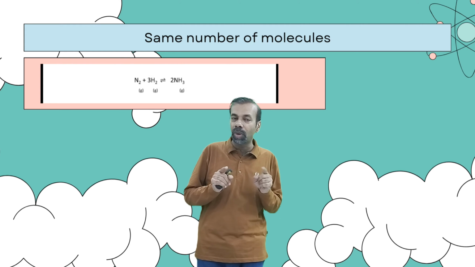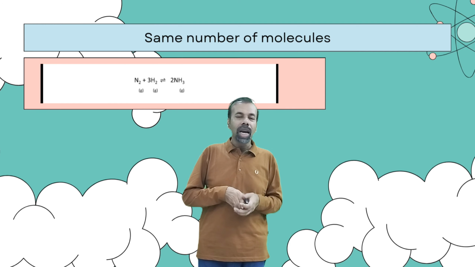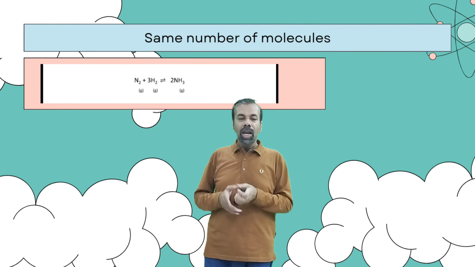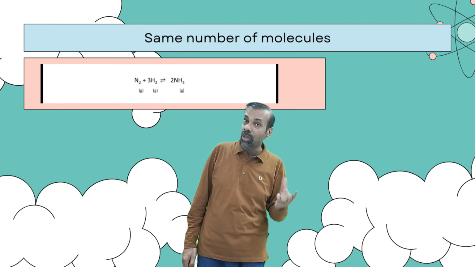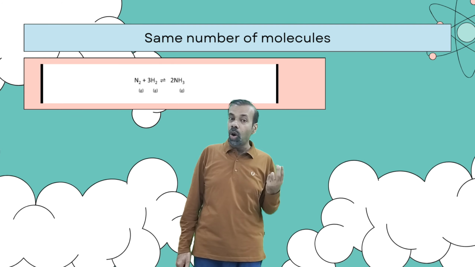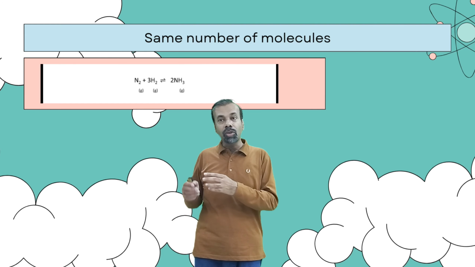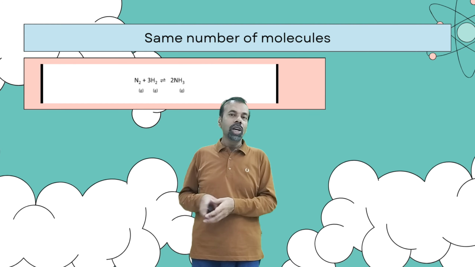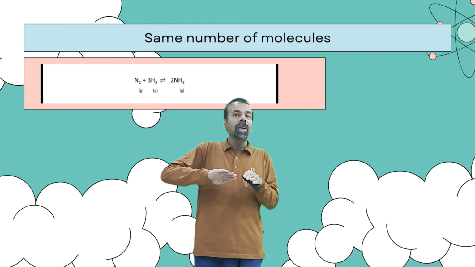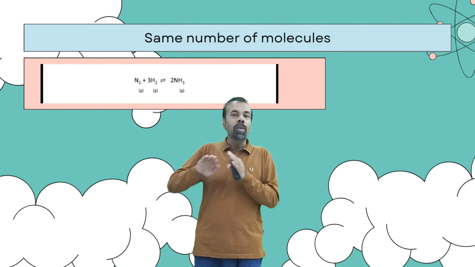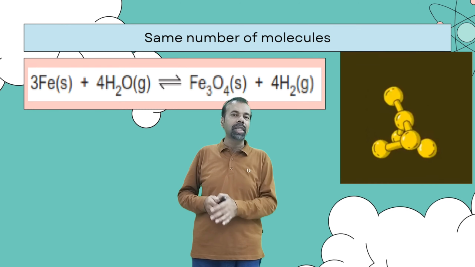Solids and liquids are not considered in this discussion. In this example, there is 1 nitrogen and 3 hydrogen, so 4 moles on the left side and 2 moles on the right side. So when you increase pressure on this reaction, the reaction will shift toward fewer moles, meaning toward the product side in this case.